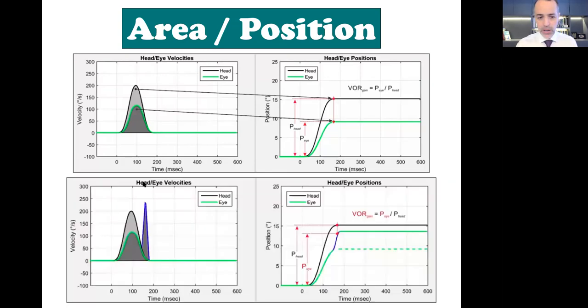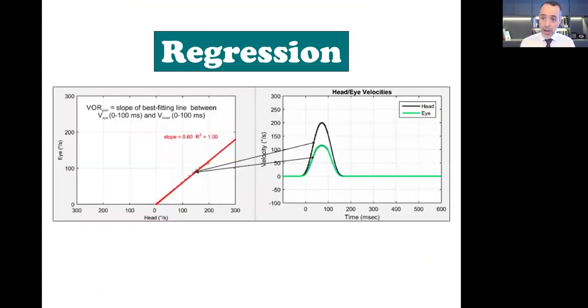And look at that, you have to exclude the cover saccades to not get any kind of influence in the VOR gain. And the regression method is a robust way to calculate VOR gain because it calculates the mean of all impulses in the first 100 milliseconds. You have the same advantage as the velocity method, right?